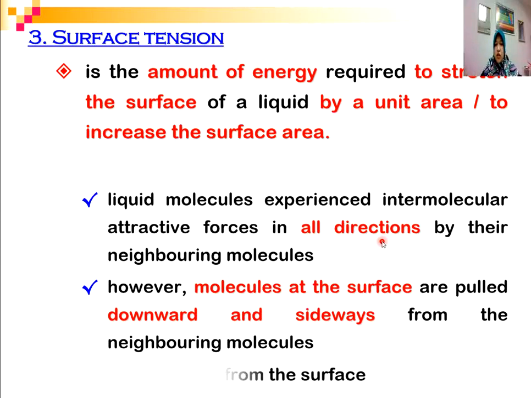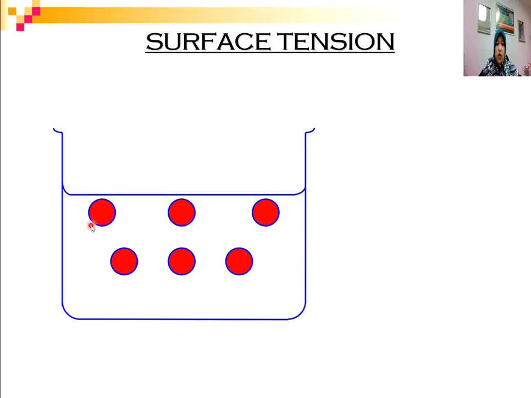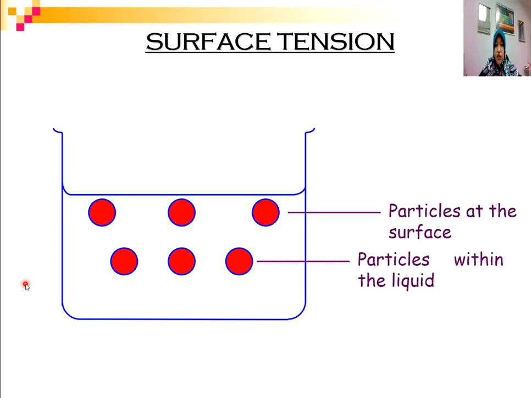If we look at this figure, we observe that there are two types of liquid particles. The ones on the surface of the liquid we call surface particles, and below them are the inner particles. All these particles are attracted to each other because they have intermolecular forces.